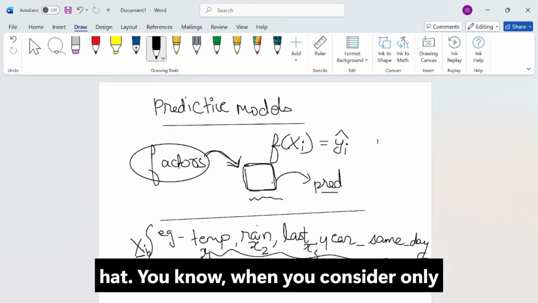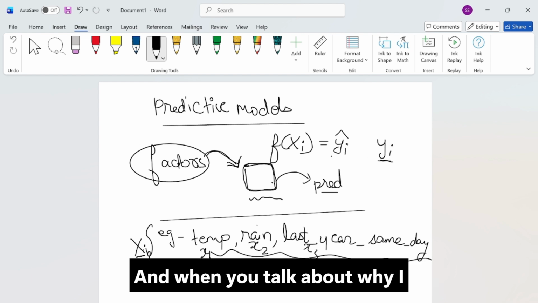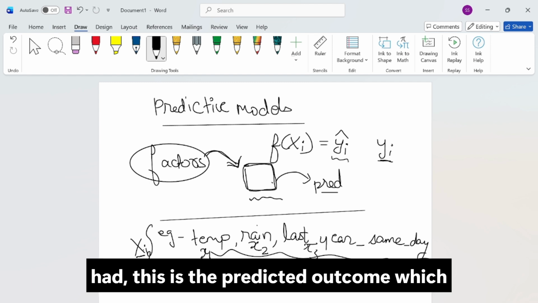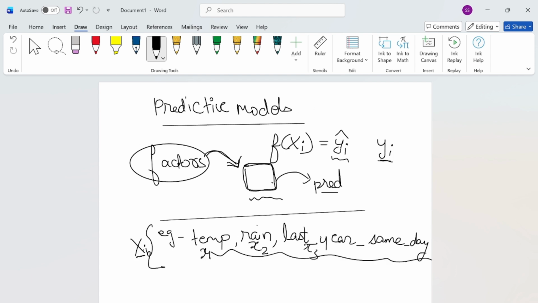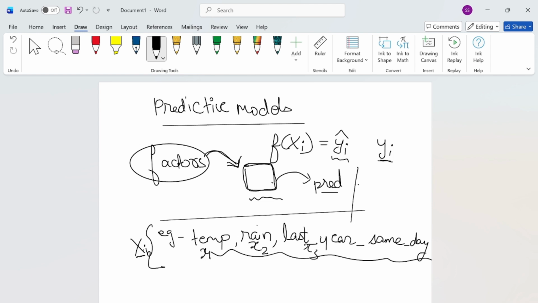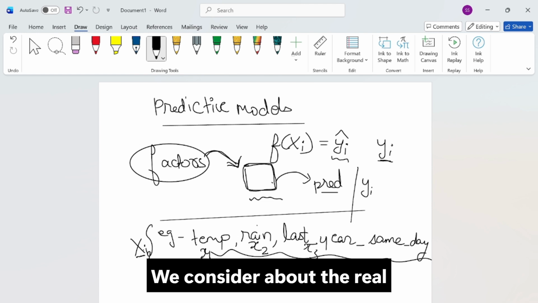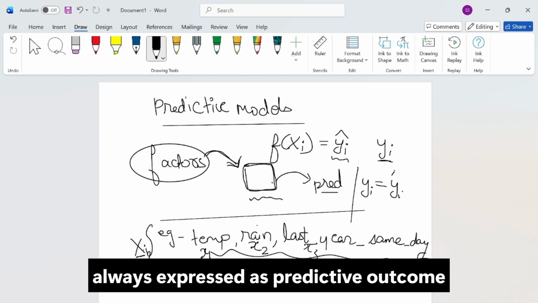When you consider only yi, this is the real outcome. And when you talk about y hat, this is the predicted outcome which came out as a result of the function.